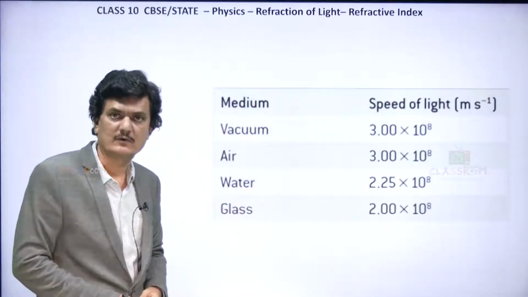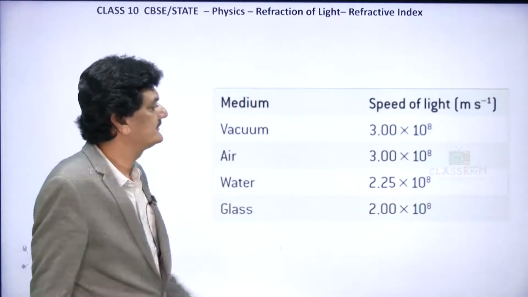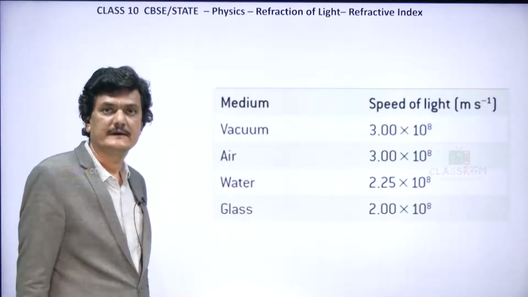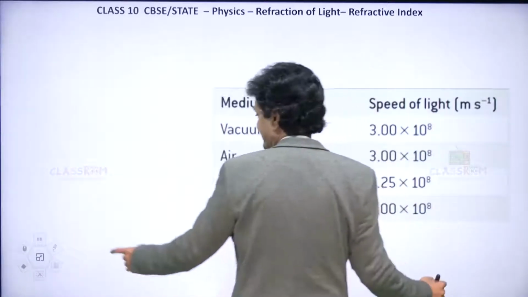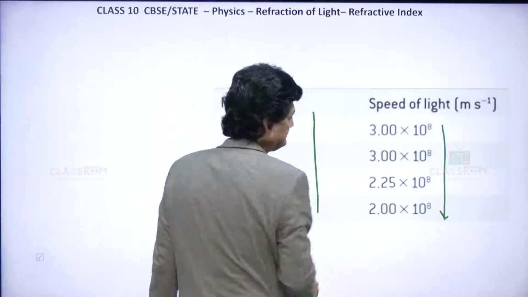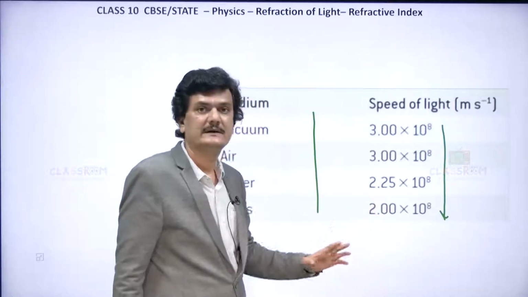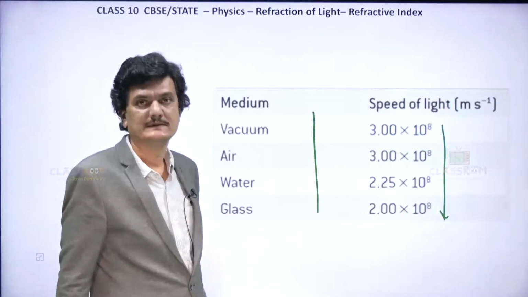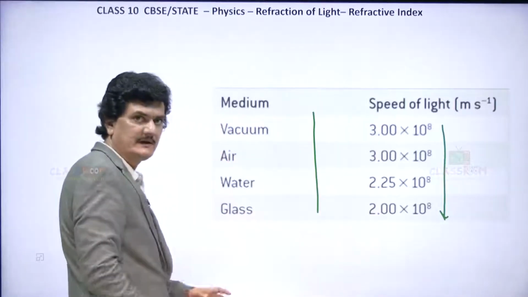The velocity of light in water is much greater, 2.25 into 10 to the power 8, and in glass it is 2 into 10 to the power 8. So velocity is decreasing but optical density is increasing, and glass has maximum optical density. So velocity and optical density are inversely related.